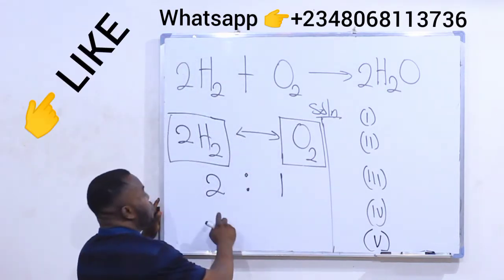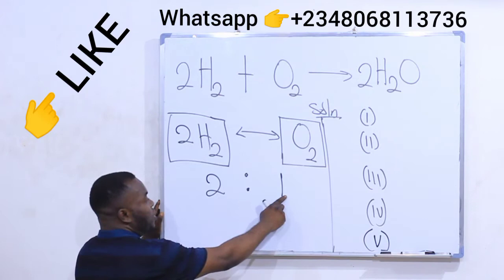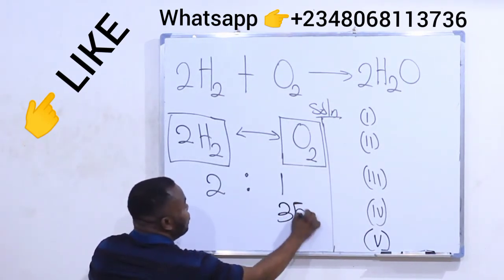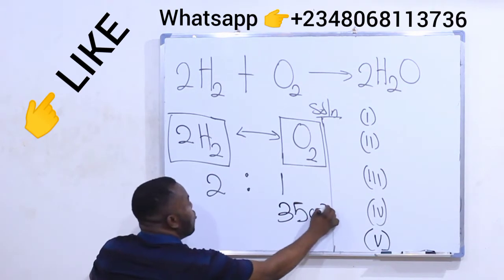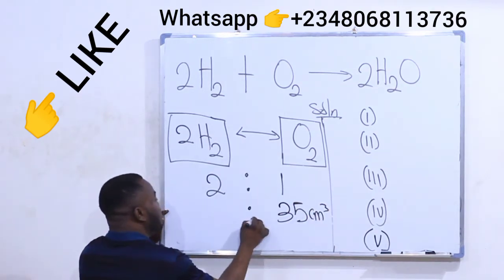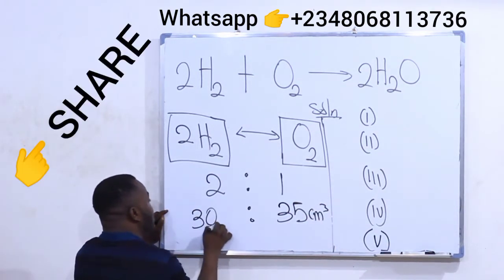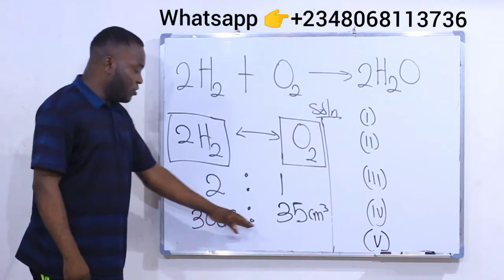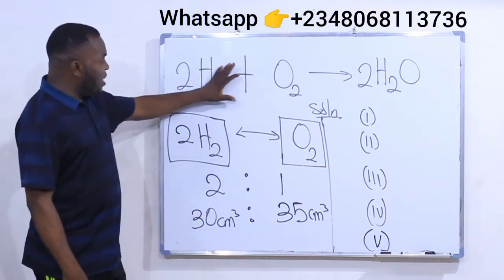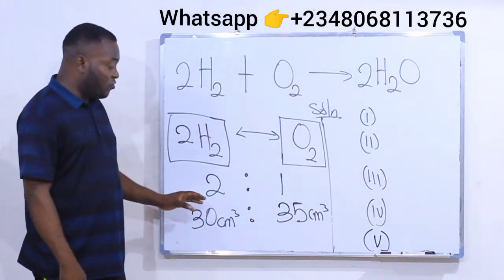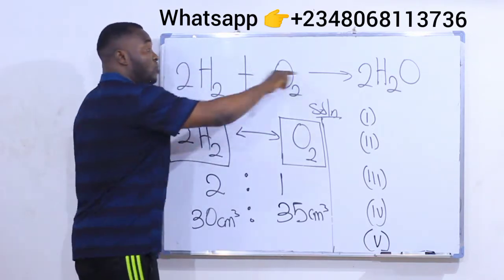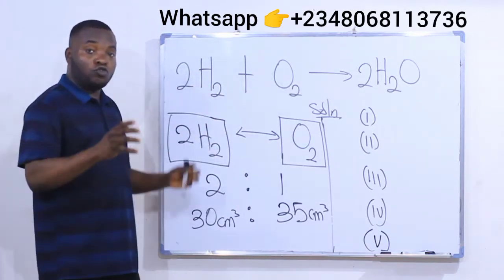Their ratio of combination is 2:1. And from the question, 35 cm³ of oxygen was mixed with 30 cm³ of hydrogen. That is what the question told us. Now, looking at these 2, you will find out that something is wrong. From the balanced equation, the ratio at which they should be combined, it is the equation that will direct you on how they should be mixed.